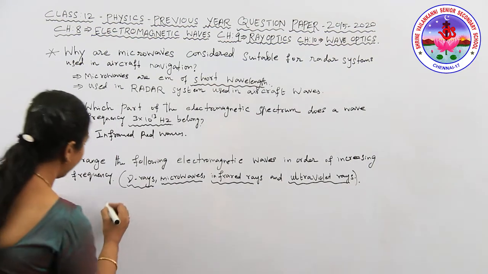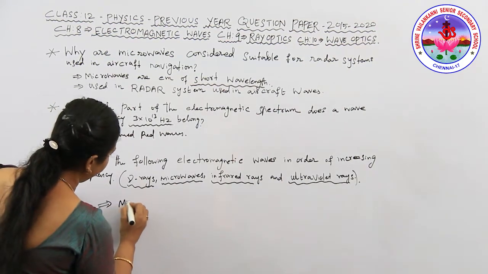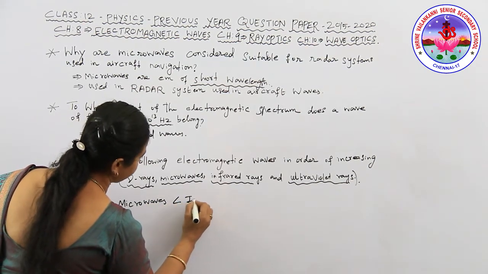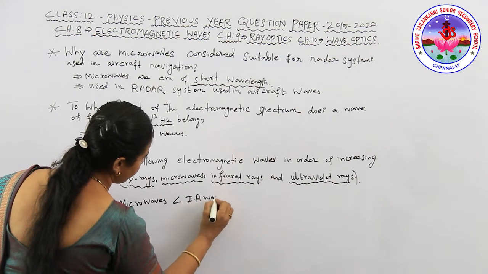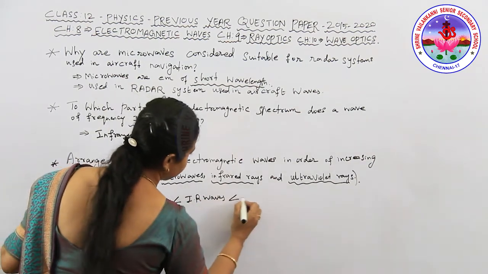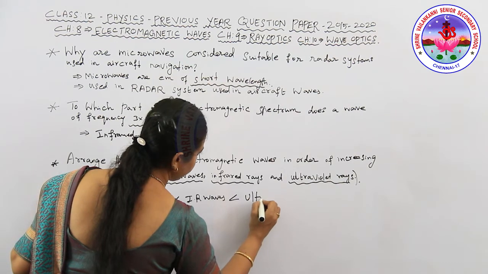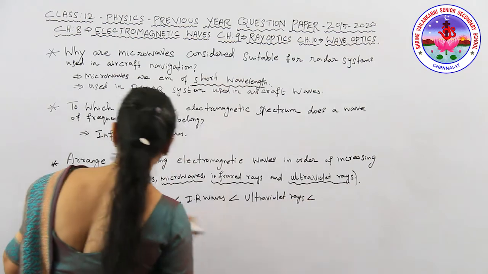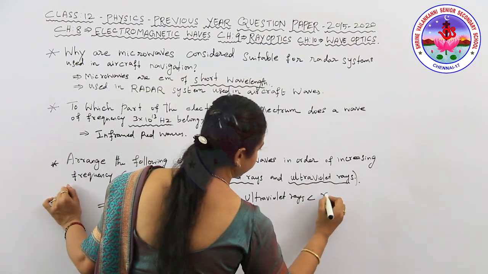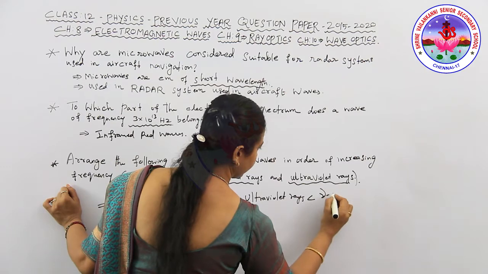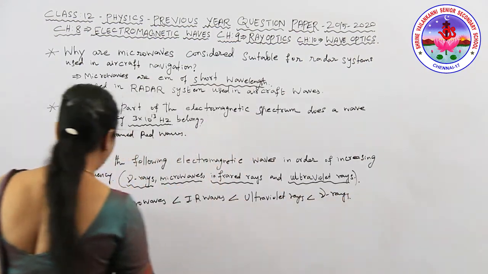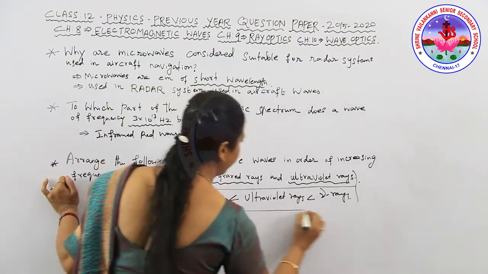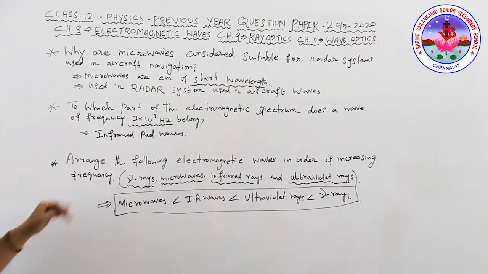In increasing order, we can write that microwaves are less than infrared waves, IR waves, and that is less than UV, ultraviolet, which is less than gamma rays. Right? So this is the increasing order of the waves which they have given in the question.